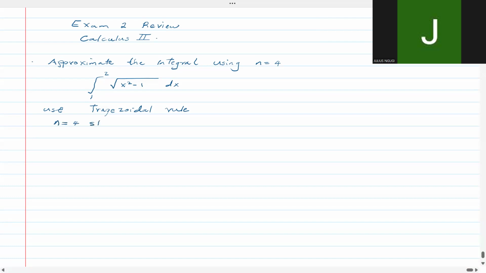These are the strips. For this case, we have n equals 4. We have the interval [a, b] from 1 to 2. We have the function f of x equals the square root of x squared minus 1.